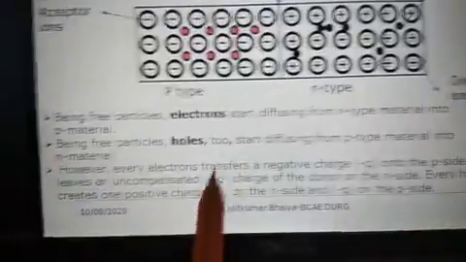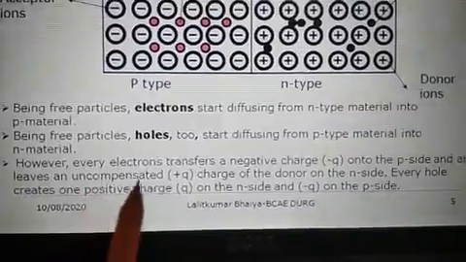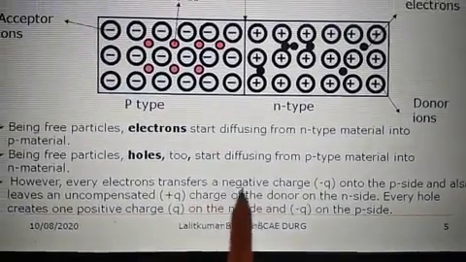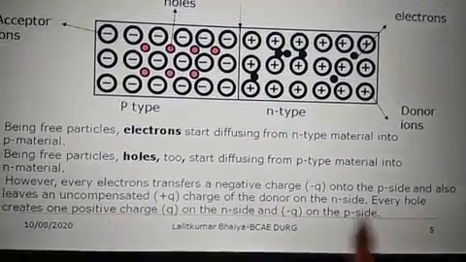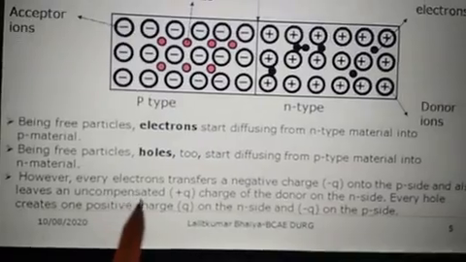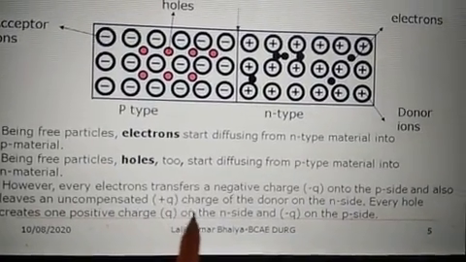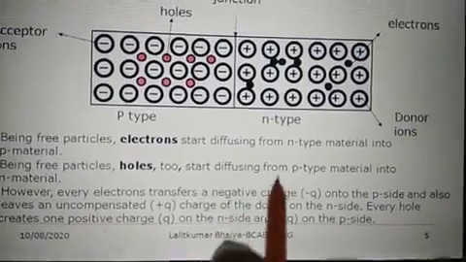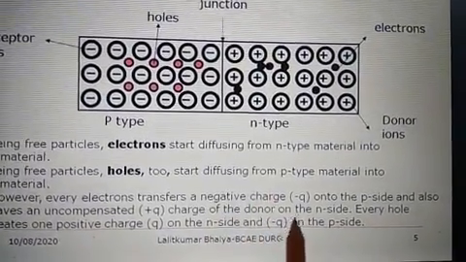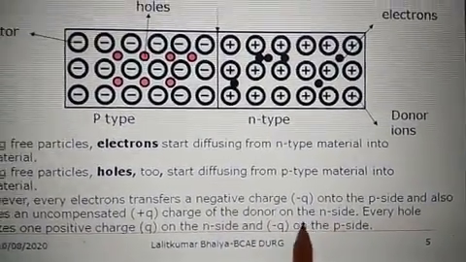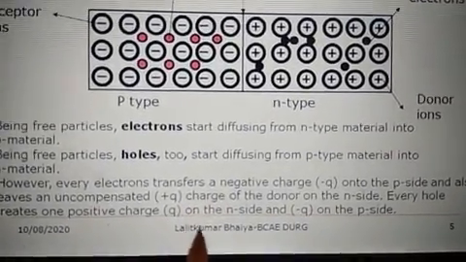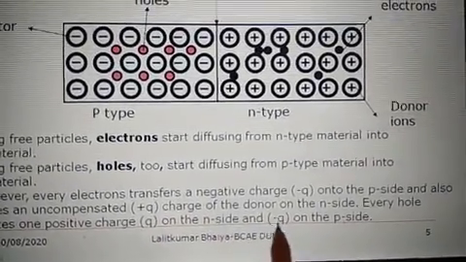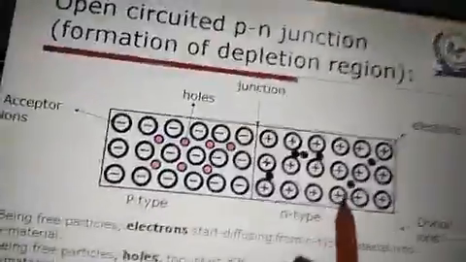However, every electron transfers a negative charge into the P side and also leaves an uncompensated charge on the donor on the N side. Every hole creates one positive charge on the N side and on the P side.